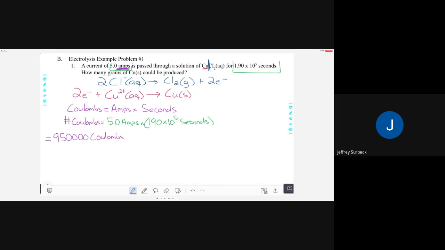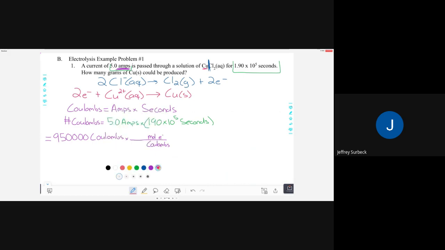So we're going to do this. We're going to say times, and we're going to draw our line. What did I always say had to do diagonal? Cancel out. So I'm going to put coulombs. I'm going to help you out here. On top, I need moles of electrons. So coulombs, the number on bottom.